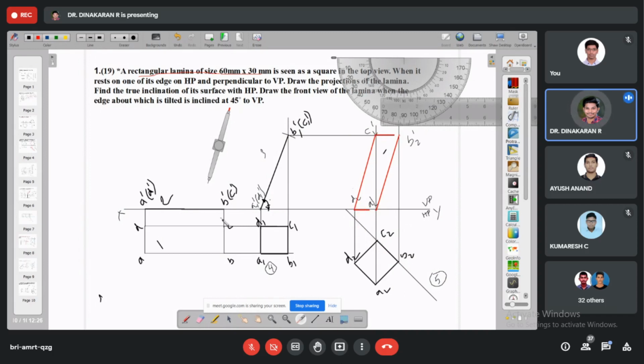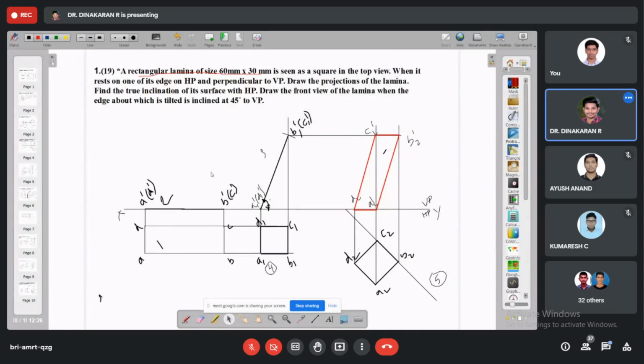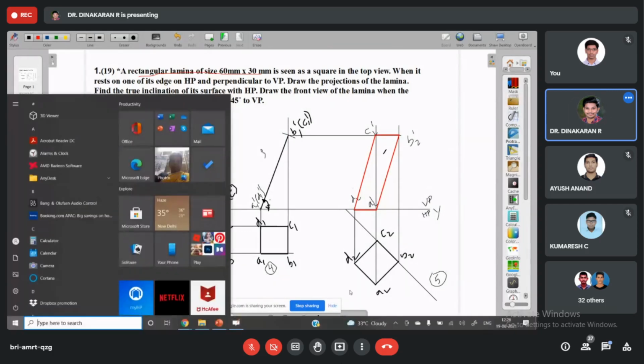Then D2 and D1 dash will meet at D2 dash. After that, we connect as a thick line, and we get the final front view. Any doubt? You draw with the dimension, okay?